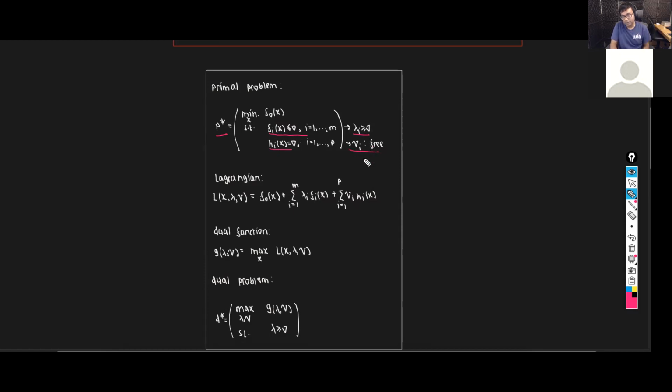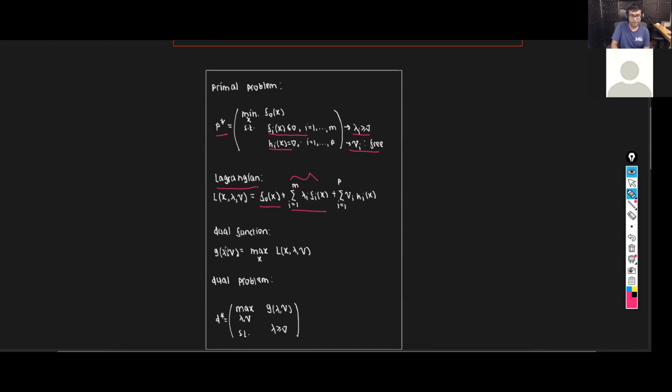This is also a dual multiplier, but it does not have any positive or negative sign. So what would the Lagrangian be after that? Everything is the same. Essentially the Lagrangian L(x, lambda, nu) equals the objective plus the sum of lambda_i times f_i(x), and then the sum of nu_i times h_i(x).